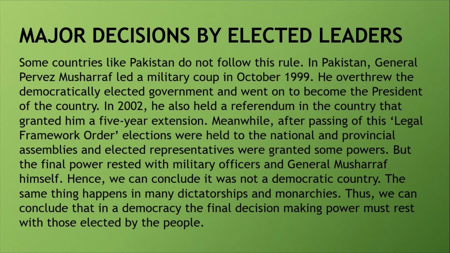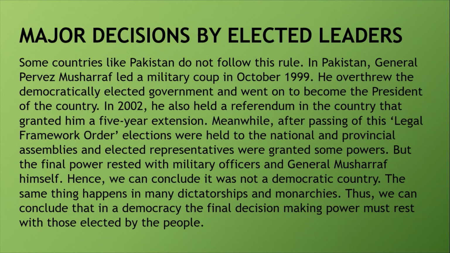In Pakistan, General Pervez Musharraf led a military coup in October 1999. He overthrew the democratically elected government and went on to become the president of the country. In 2002, he also held a referendum in the country that granted him a 5-year extension. Meanwhile, after passing of this legal framework order, elections were held to the national and provincial assemblies, and elected representatives were granted some powers.